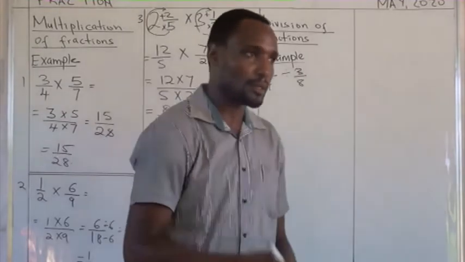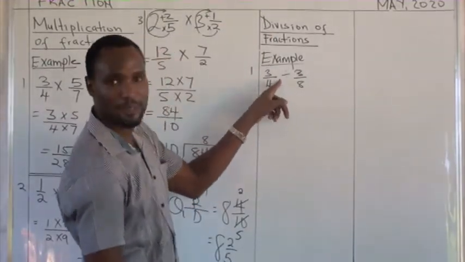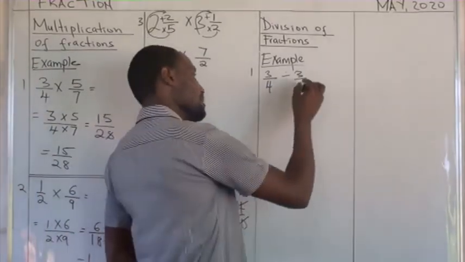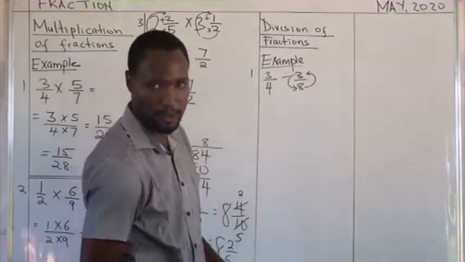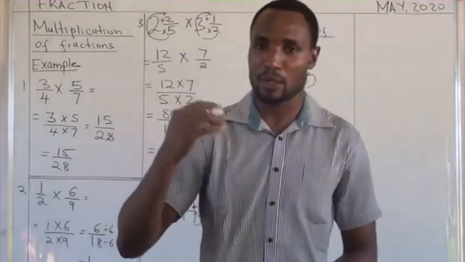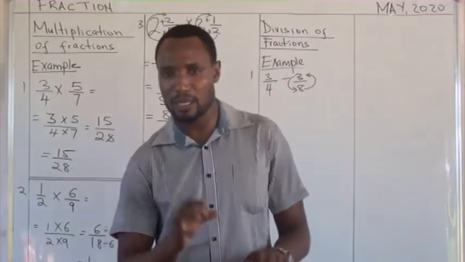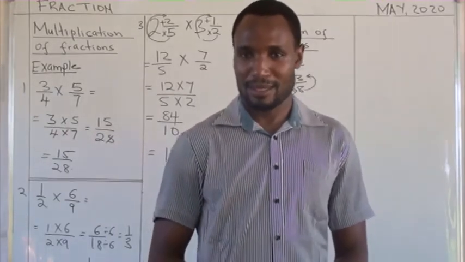Now what do you do? You need to check this and try to change this division sign into multiplication. How do we do it? You get the reciprocal of the second fraction. What is the reciprocal? In simple words, you get the inverse.